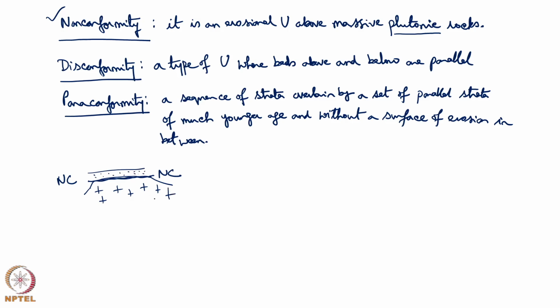This essentially means that the plutonic rock was exposed to the surface by some mechanism, and over that sediment has been deposited. Now, let us take the case of disconformity.